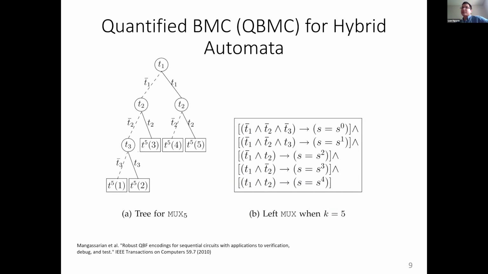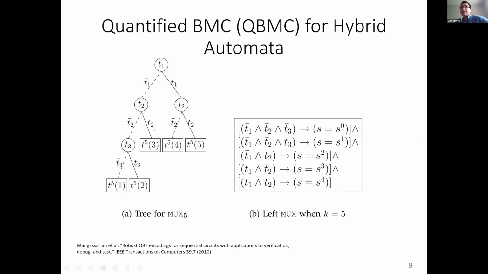This example illustrates how we can associate the different states. It is like a binary tree, where the Boolean values of the different variables T are associated with the current state of the system. For example, for the tree with 5 inputs, from state H0 to H4, the state is negative T1.